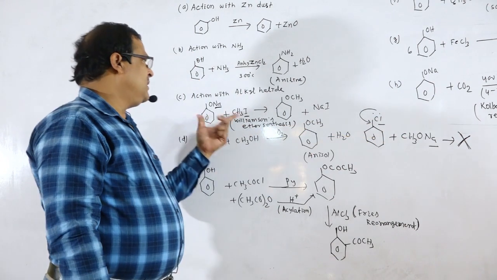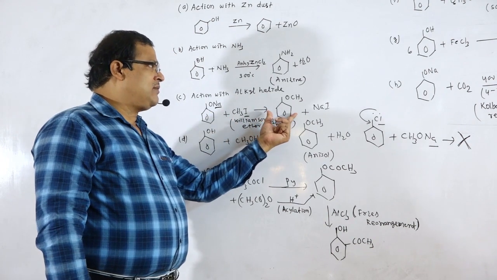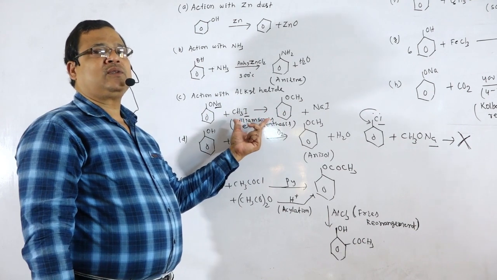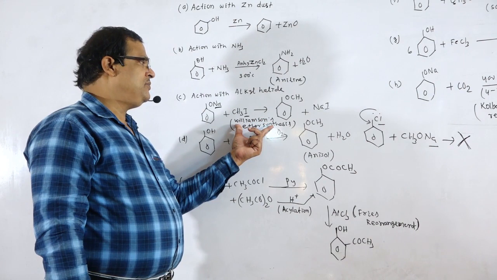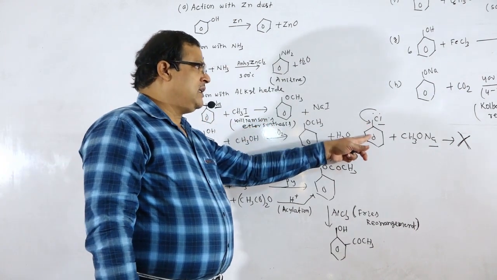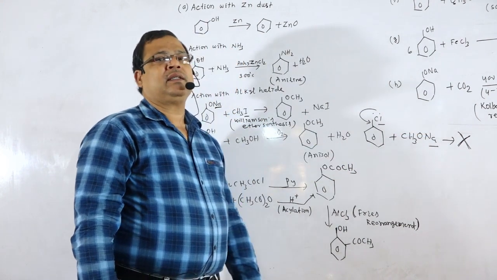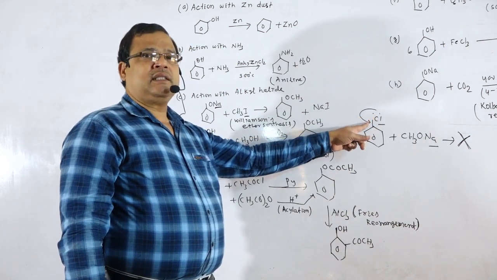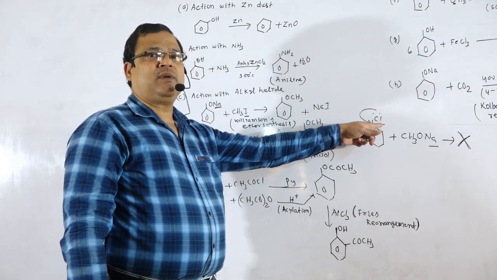We take sodium phenate with the alkyl halide, then there is the formation of the ether, and that reaction is known as Williamson's ether synthesis. But if we take chlorobenzene and sodium methoxide, there is no chance of formation of anisole, because chlorobenzene is least reactive. Because of resonance, there is the development of double bond character. This bond cannot easily break.